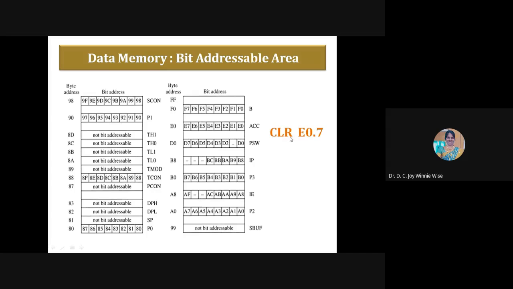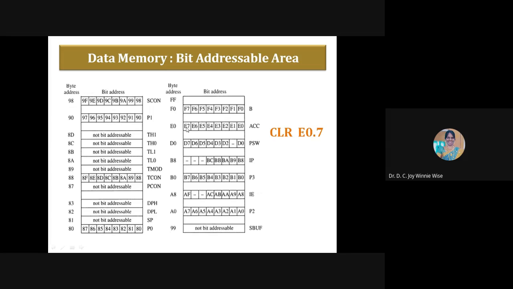So for CLR on the accumulator, if I want to clear just the 7th bit, I can write CLR E0.7. E0 refers to the memory location at which the accumulator is stored, and I want to clear this bit, so I have written E0.7.